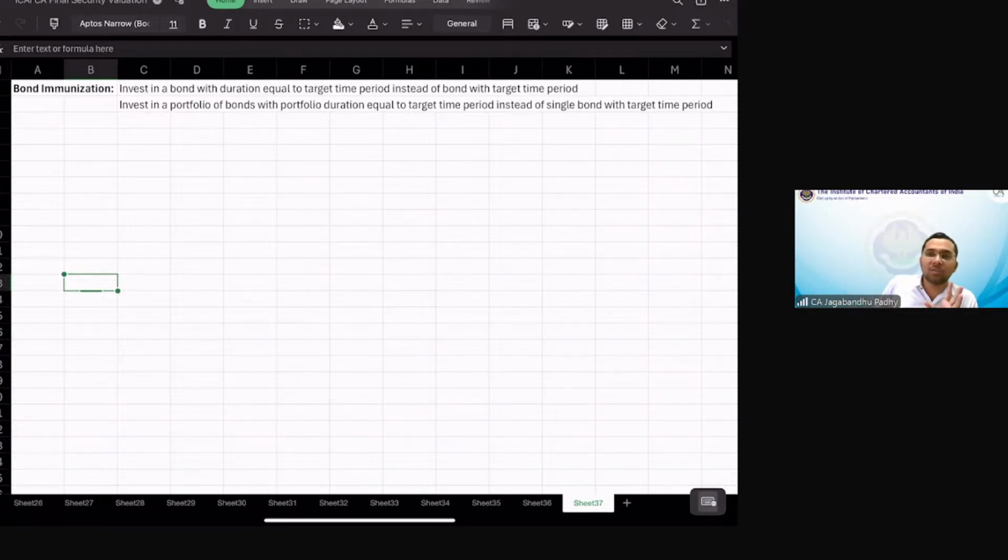Now, duration, we are talking of the Macaulay duration, right? So we should invest in a bond which has a Macaulay duration of 2 years. But is it necessary that we'll be able to find such a bond? It may be possible that you find a bond which has a duration of 2 years. And if you cannot, then create a portfolio of bonds which will have the portfolio duration as 2.